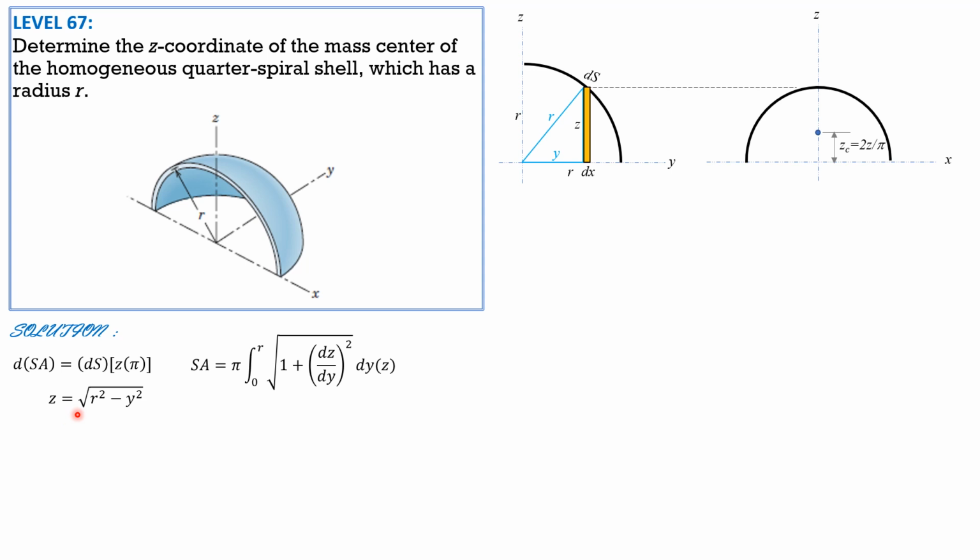Then the derivative of z with respect to y is negative 2y over 2 square root of r square minus y square from calculus. So cancel out 2, and if we square dz dy quantity squared, it is y square over r square minus y square.